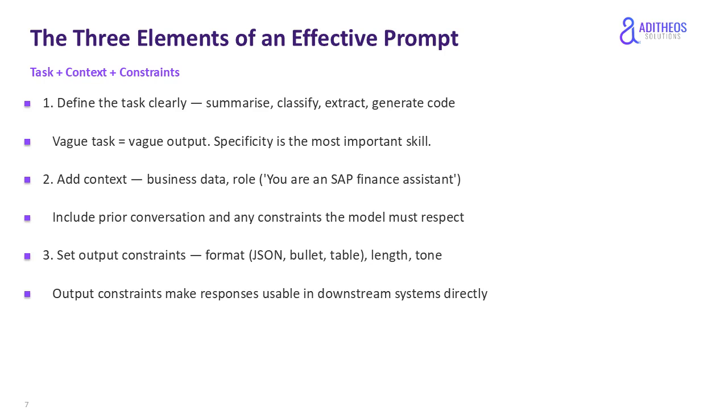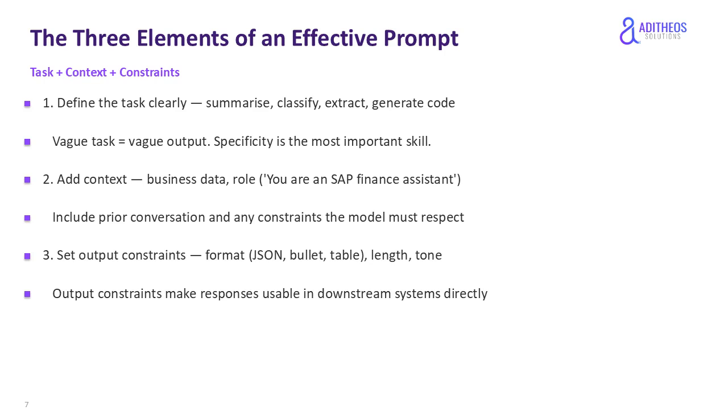Number 2. Add context. Provide the background the model needs to give a relevant response. This includes business data, prior conversation, role context. For example, you are an SAP finance assistant and any constraints the model should know about. Number 3, set constraints on the output. Specify format, JSON, bullet list, table.